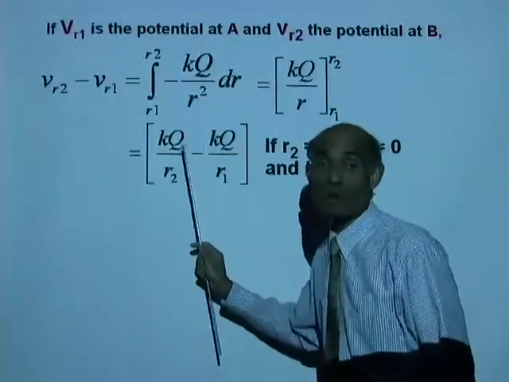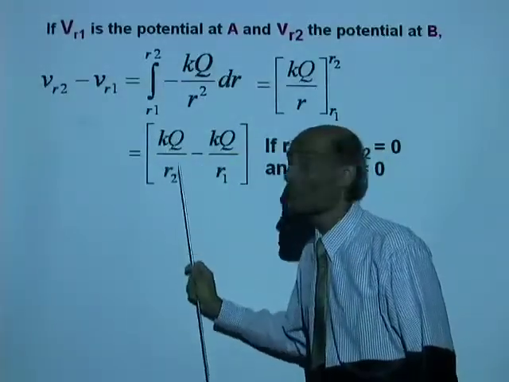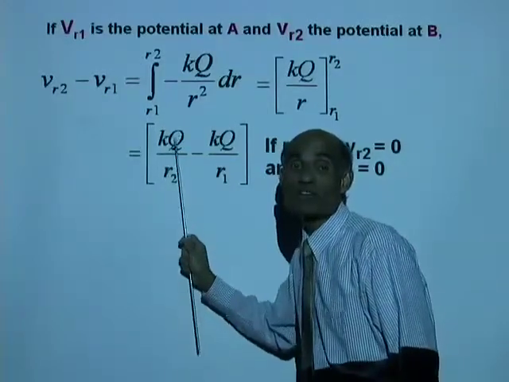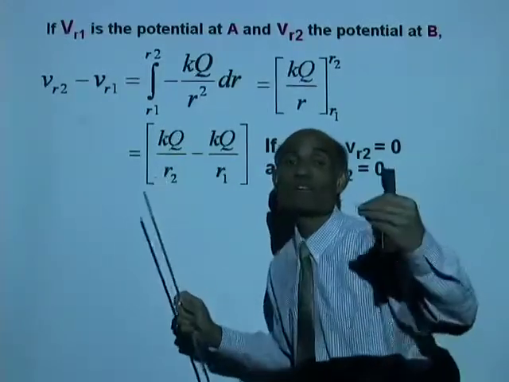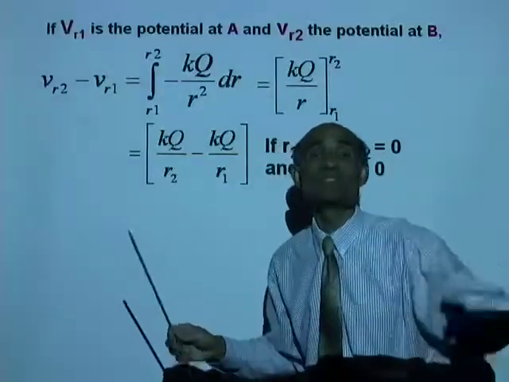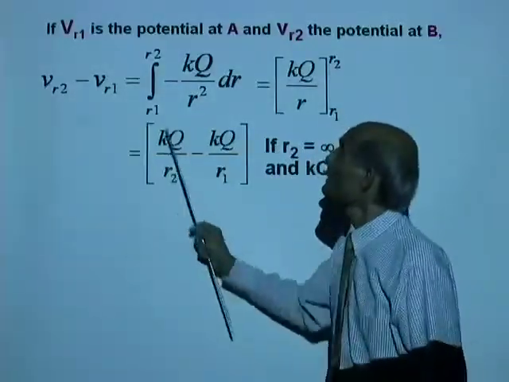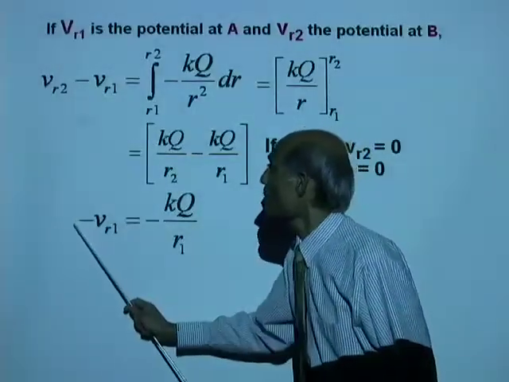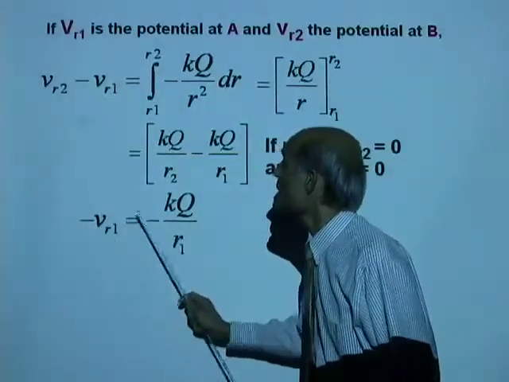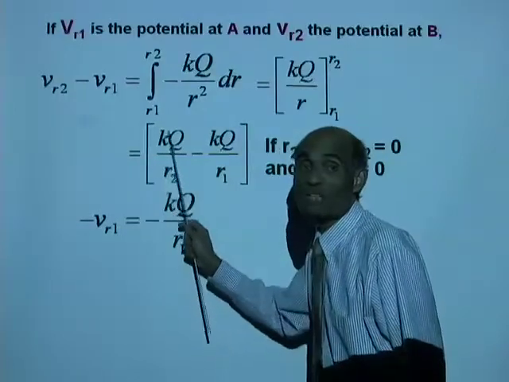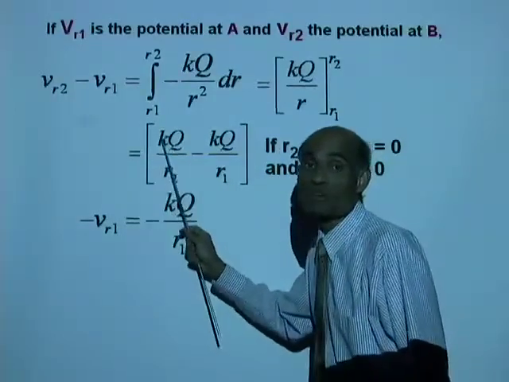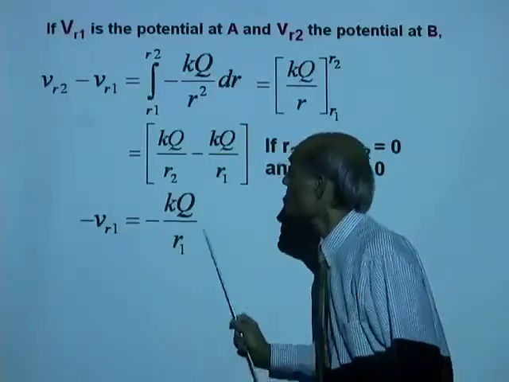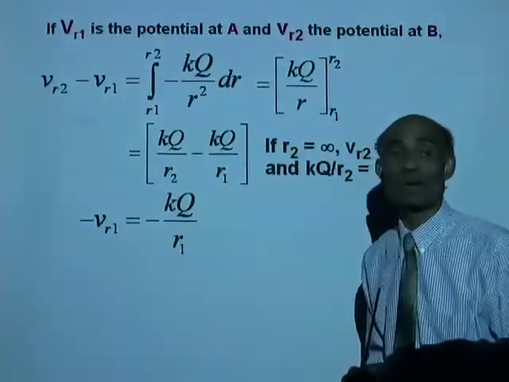And one more quantity on the right side will become 0. When r2 is infinity, kq over r2, anything divided by infinity, is 0. So look at the change we can make there. 0 minus V(r1), negative V(r1), equal to, when r2 is infinity, this quantity is 0. 0 minus kq over r1 is negative kq over r1.